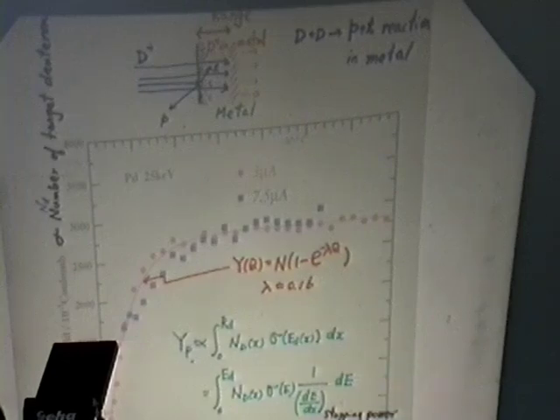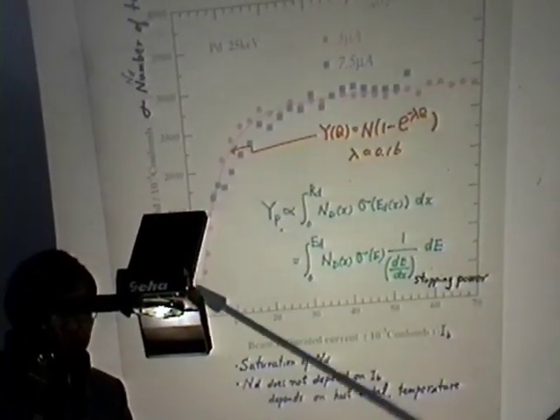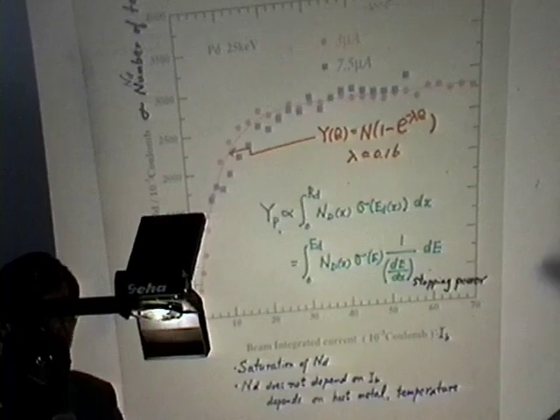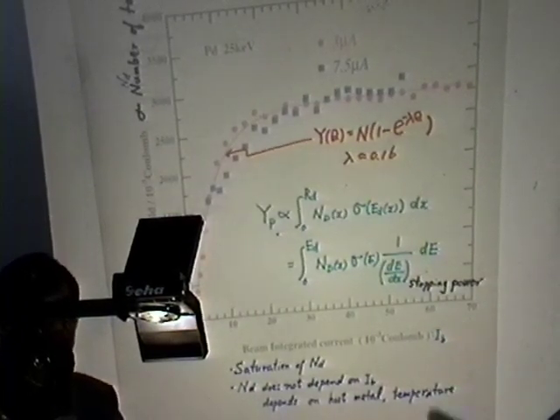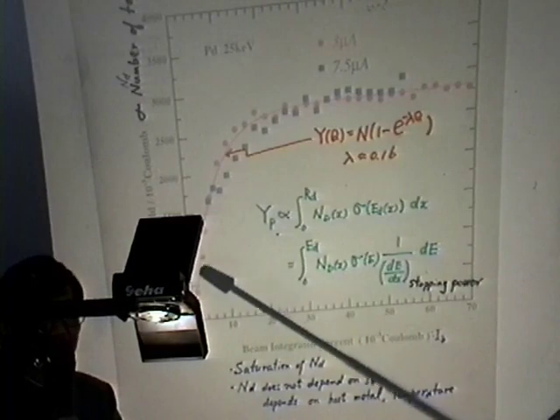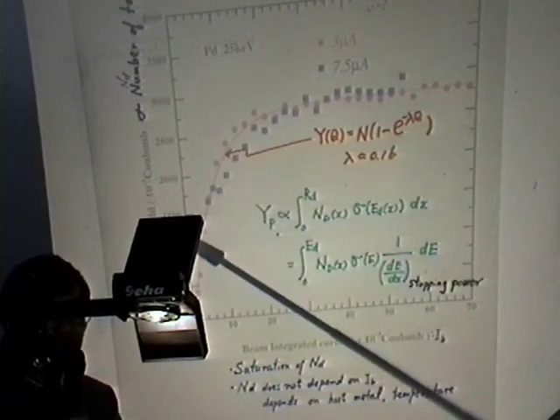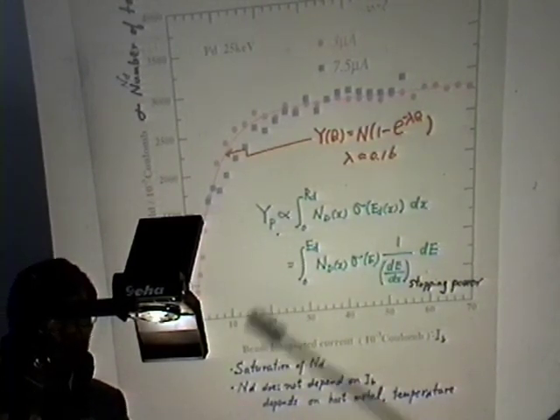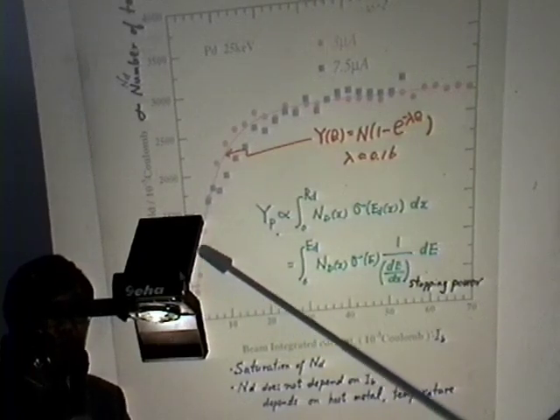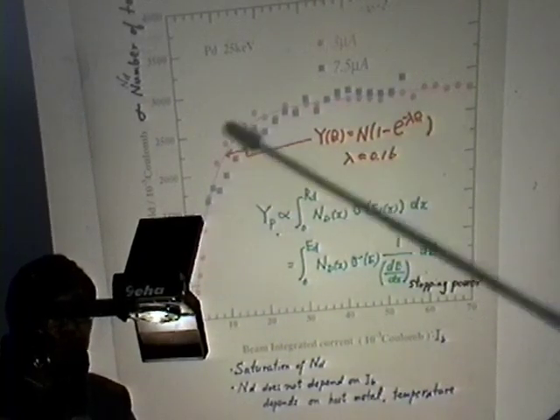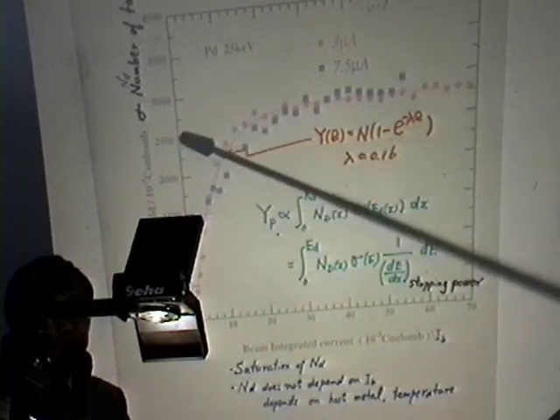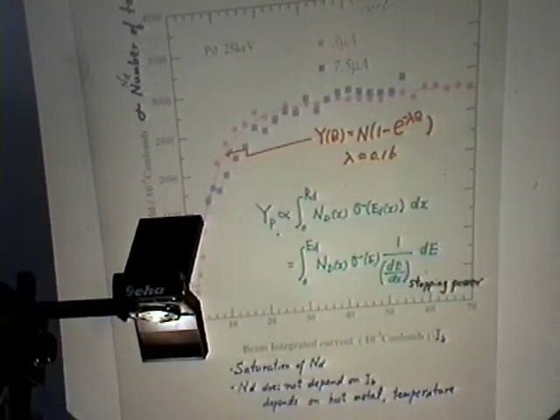And another one I want to say here is this value does not depend on the beam current, and even if you started with the old stuff which already implanted deuterium inside the metal, this amount is almost the same, a similar value we got. But this value depends on the host material very much, and also depends on temperature.